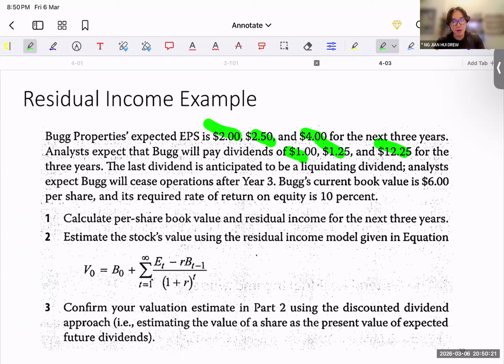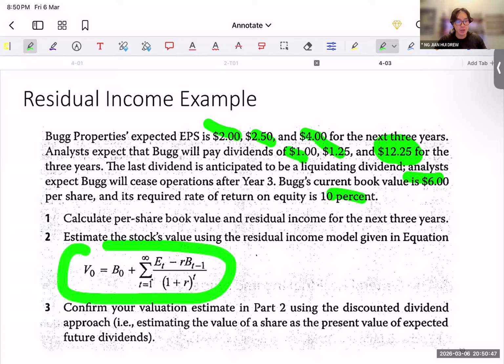So this $12.25 is going to be the liquidating dividend. The current book value is $6. The required rate of return on equity is 10%. So calculate the per share book value and the residual income for the next 3 years. Okay, so we are calculating the RI first. Then the second part of the question is to use the RI to determine the valuation using this model, right?